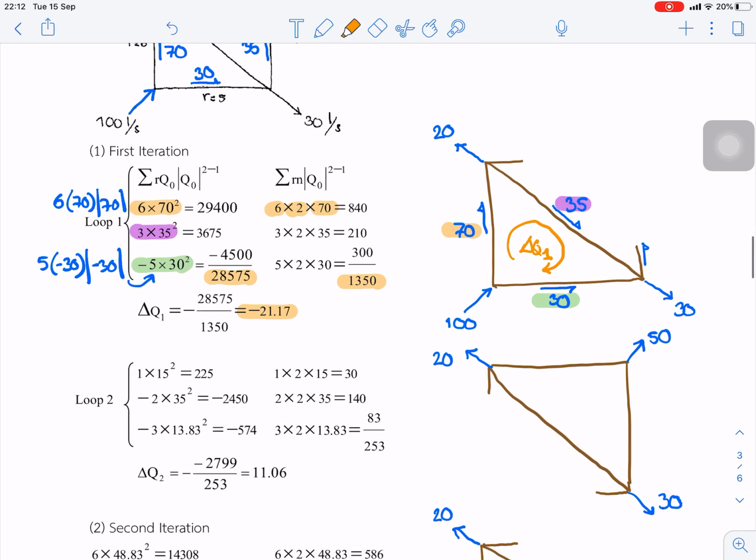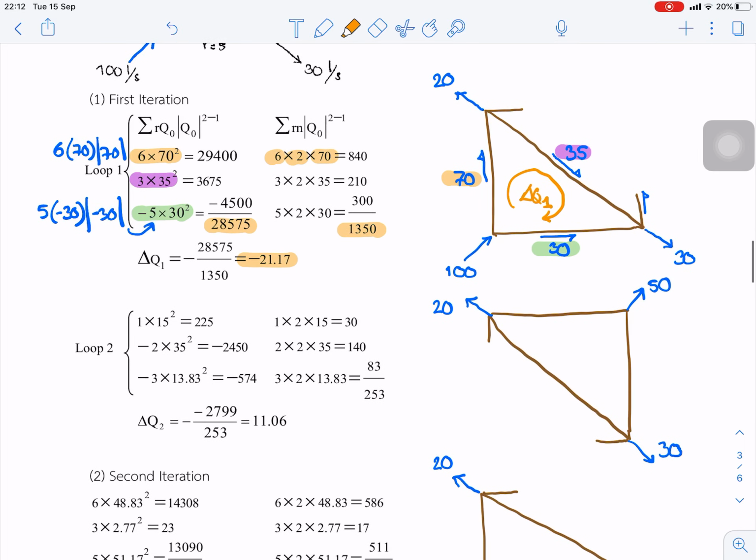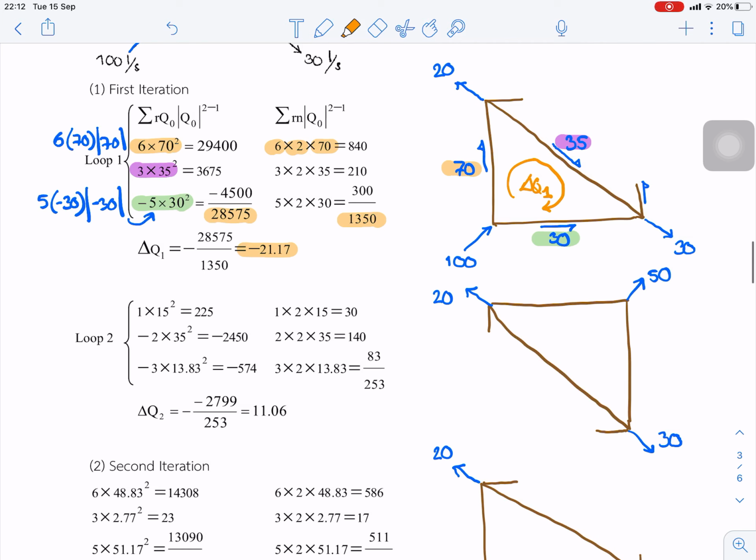Okay, and next we can make the correction for the 35 in the middle. Before we do the next loop, we can make the correction.